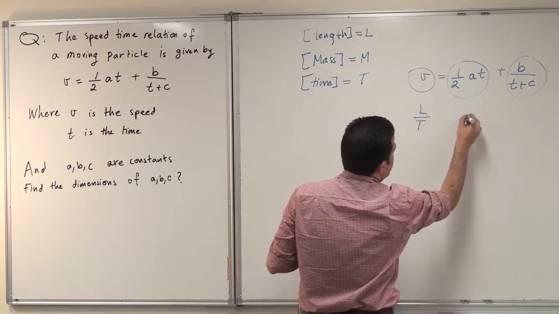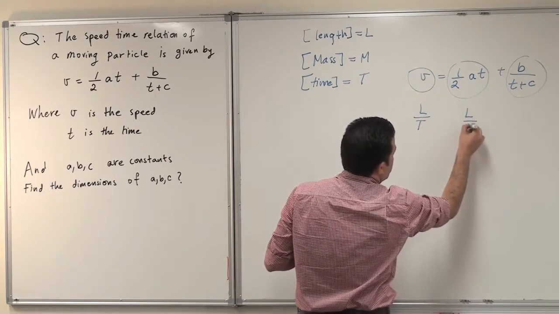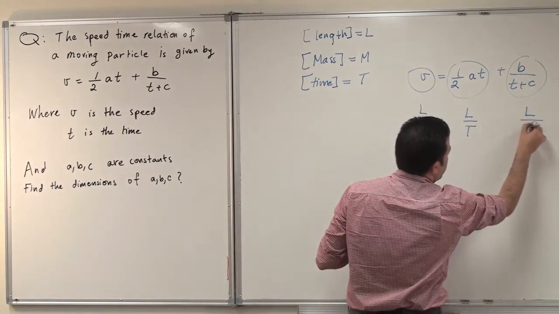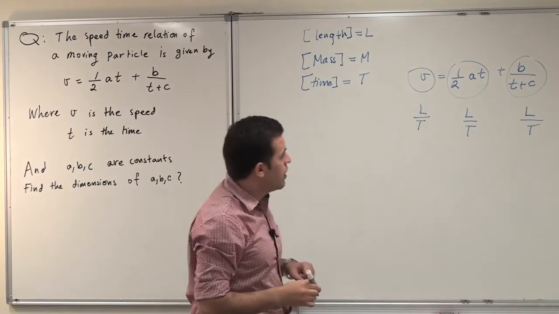The dimensions of this term is also length divided by time, and the dimensions of this term should be length divided by time.